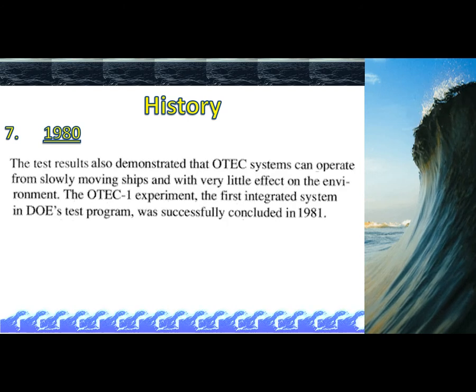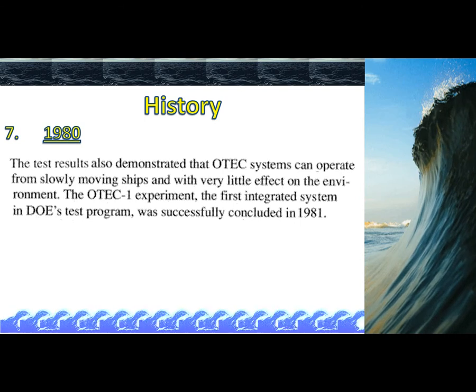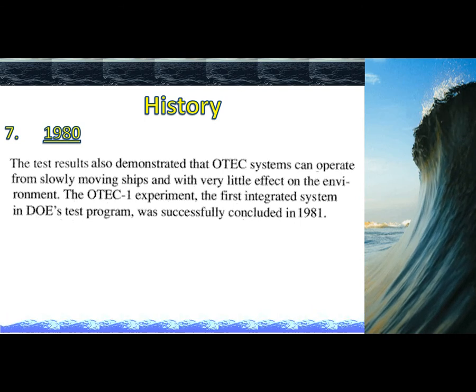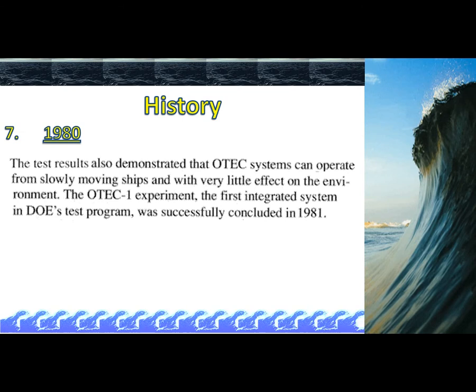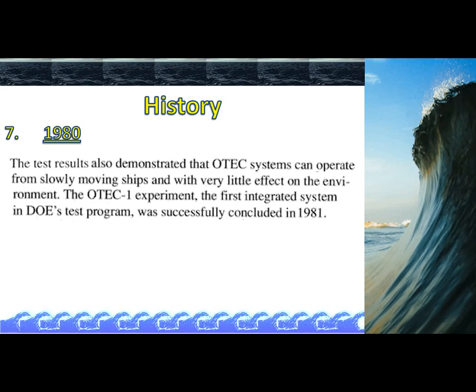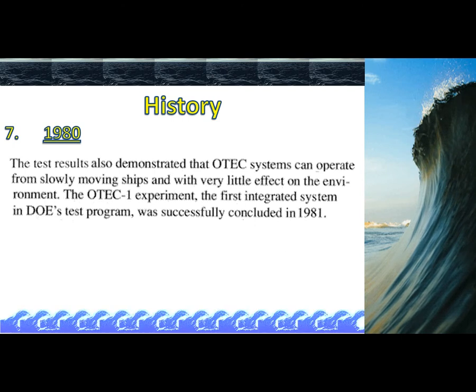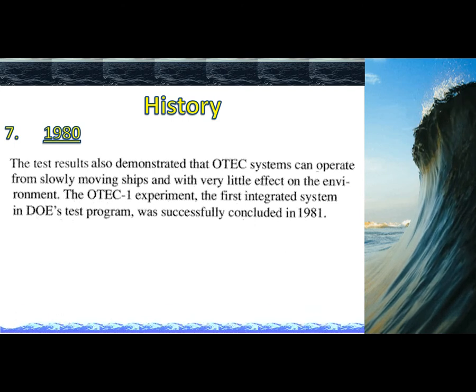The test results demonstrated that OTEC systems can operate from slowly moving ships and with very little effect on the environment. The OTEC-1 experiment, the first integrated system in DOE's test program, was successfully concluded in 1981.